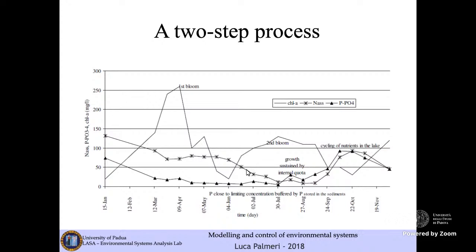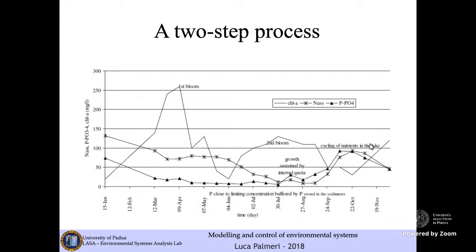These figures come from lake observations, but later, going toward autumn and then winter, the quota of available nutrients increases due to cycling of nutrients in the system.